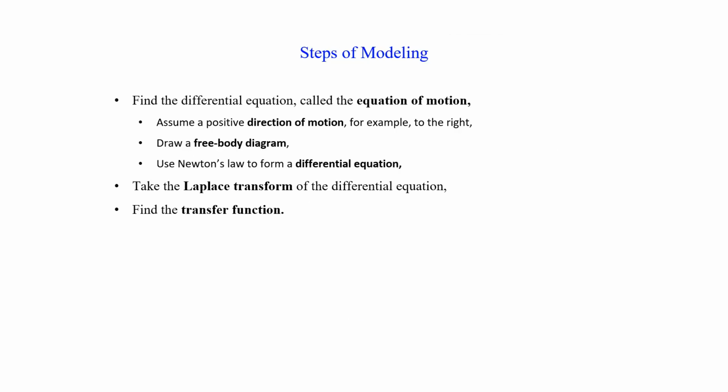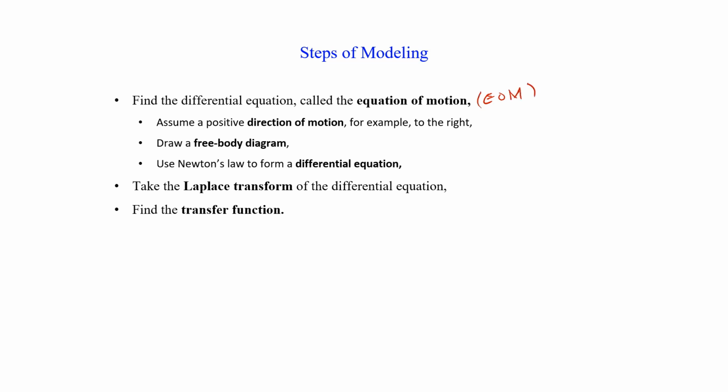To model the mechanical systems, we will employ the following steps. Firstly, we will find the differential equation of the mechanical system, which is normally called the equation of motion, or generally written as EOM.